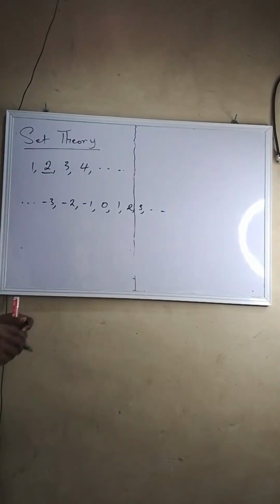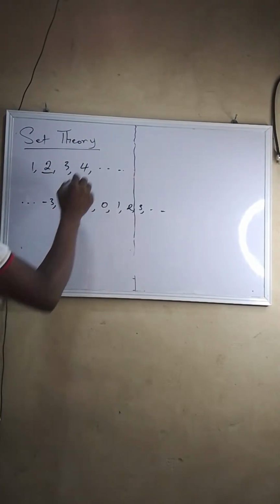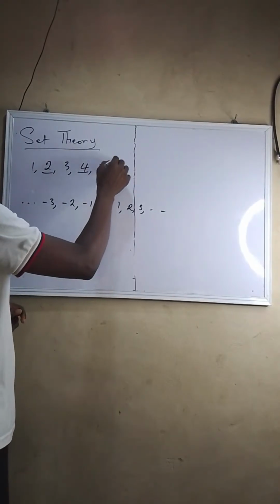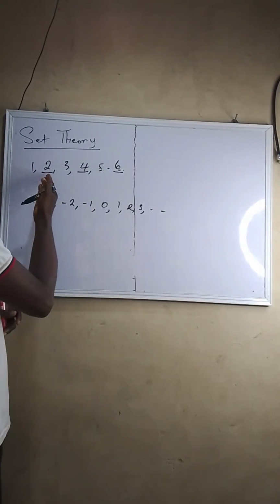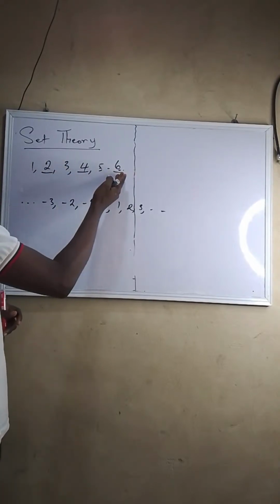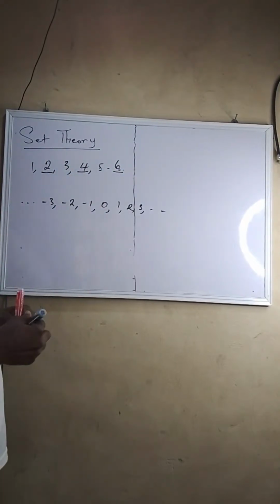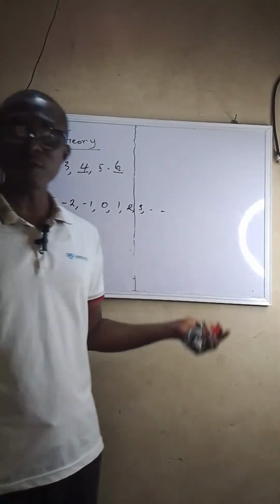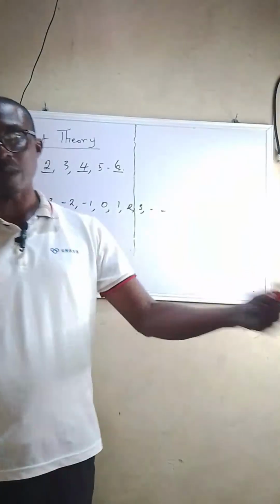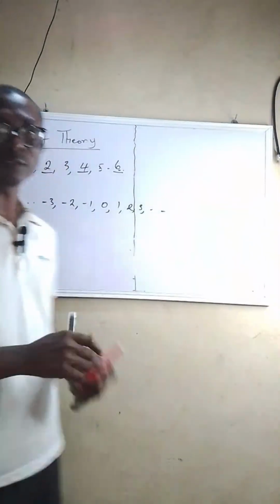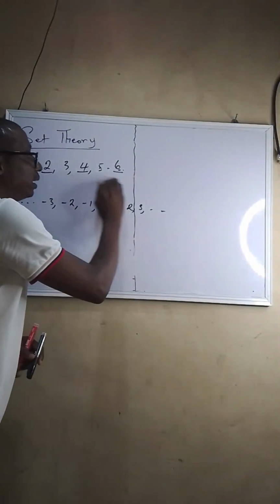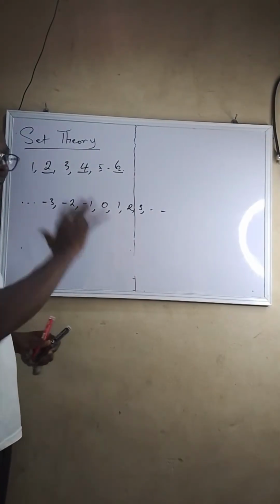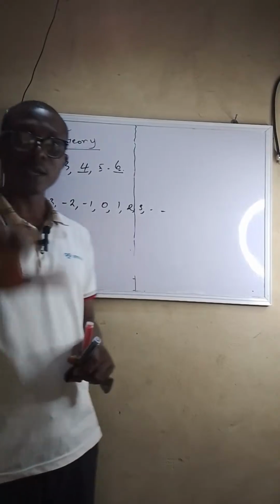This is an even number based on the definition. This is also an even number. All right. So now we have 5, we have 6. 6 is also an even number because these numbers are divisible by what? By 2. So that makes them an even number. So it will be wrong for me to just say they are just numbers that are divisible by 2. So we have to be particular about the natural form of the number. So they are natural numbers that are divisible by what?